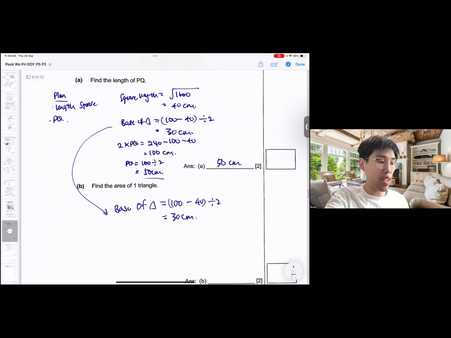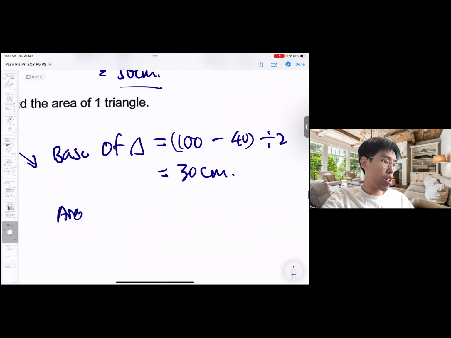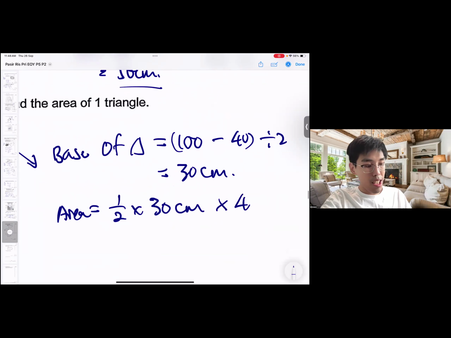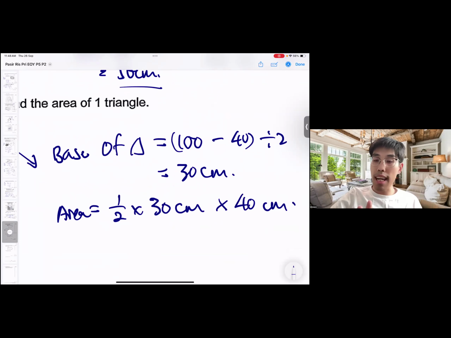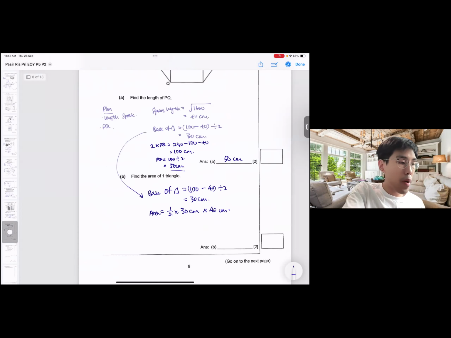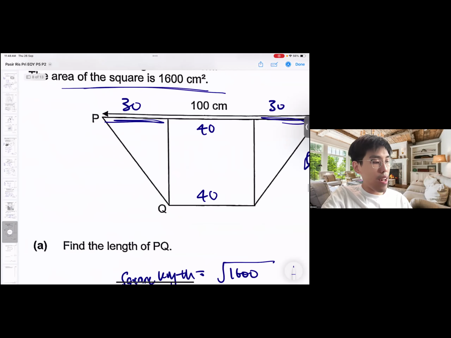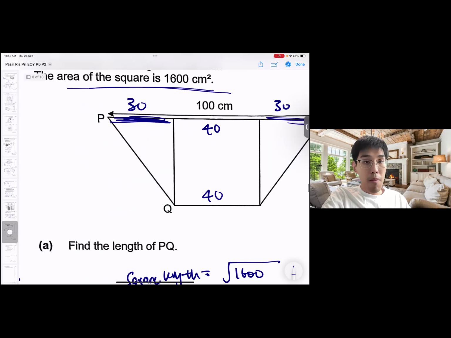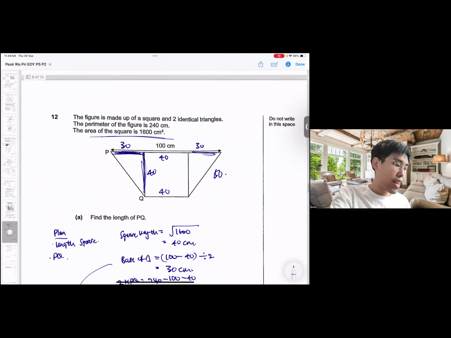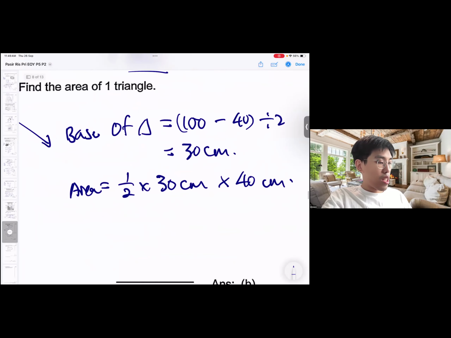Because the area of one triangle would be half times the base times the height. The height is not 50, the height is 40. Why? Perpendicular. If we go back to the diagram, we are looking at half times base times height, which is here, 40. Can? So I cancel here and here, the answer will be 600 cm square.